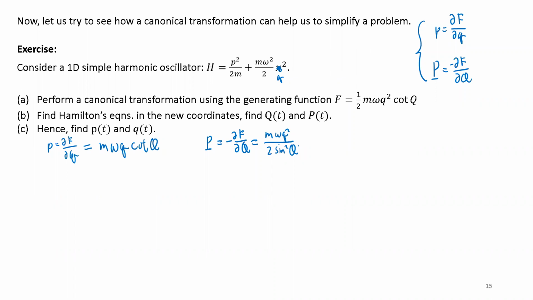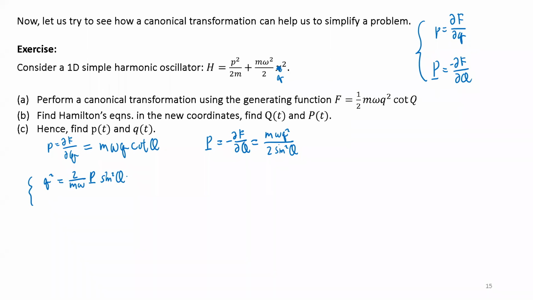So then, from the second equation here, I would have small q square as the subject, which is equal to 2 divided by m omega capital P times sine square capital Q.